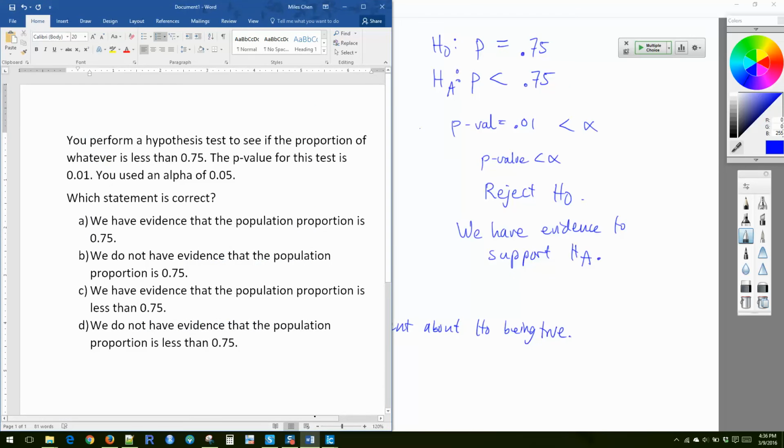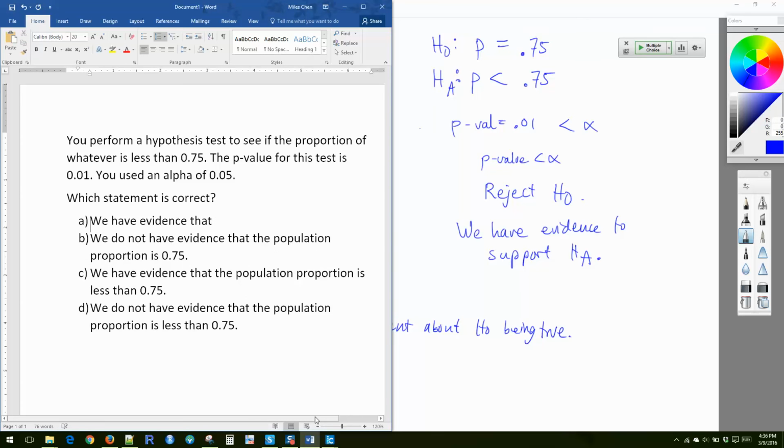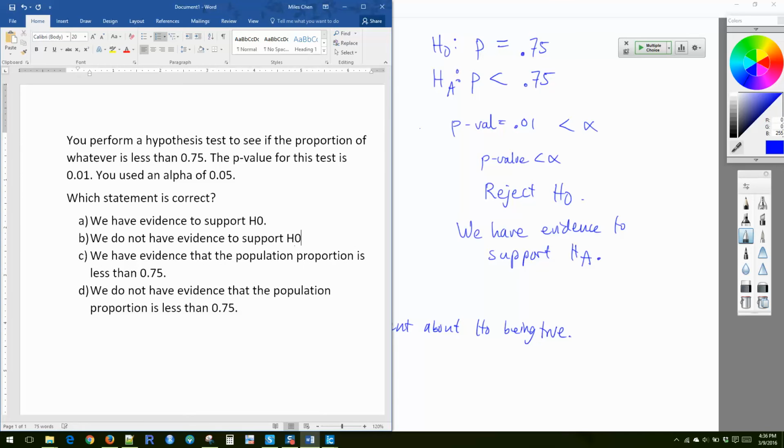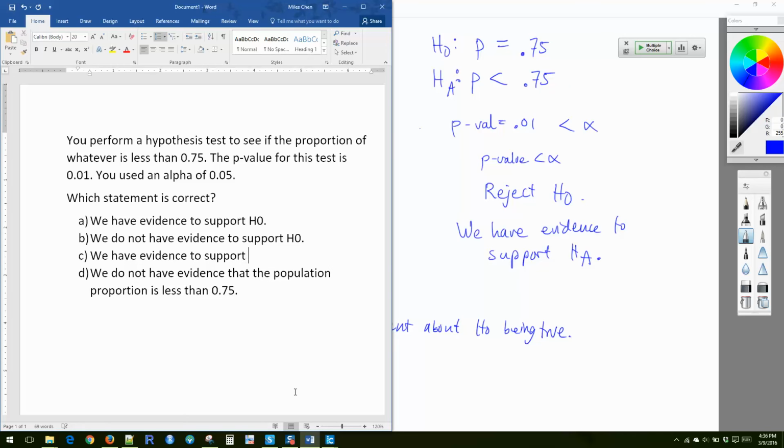Okay, all right. So I'm going to turn these into another form. We could write these as: we have evidence to support the null hypothesis; we do not have evidence to support the null hypothesis; we have evidence to support the alternative; and we do not have evidence to support the alternative.